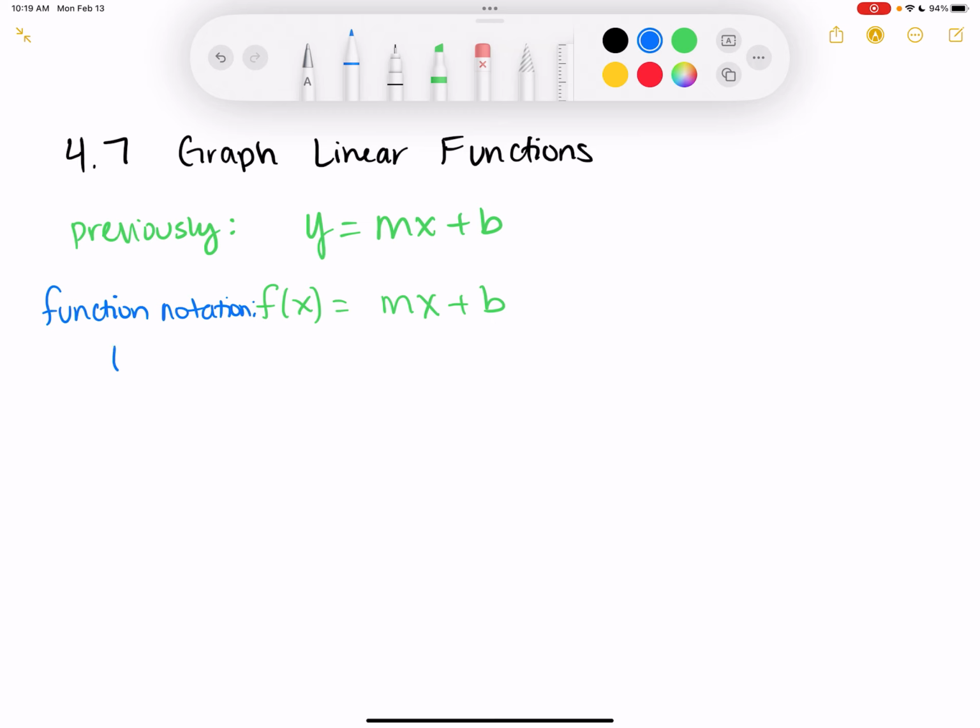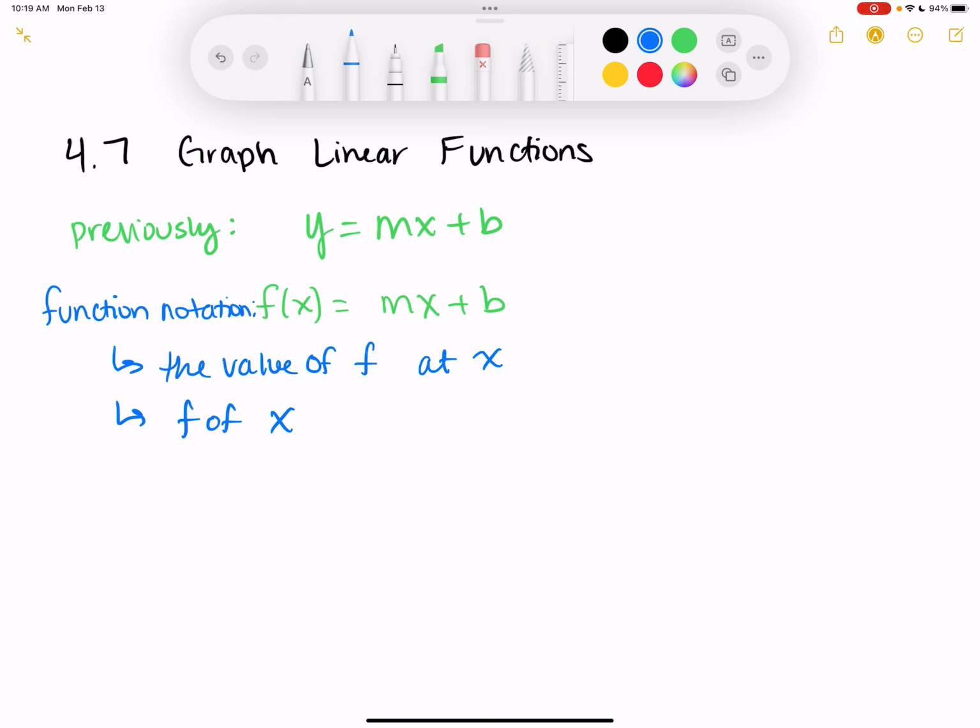And what this means is the value of f at x. Or you might hear me say f of x. That's the most common way that I will say it.